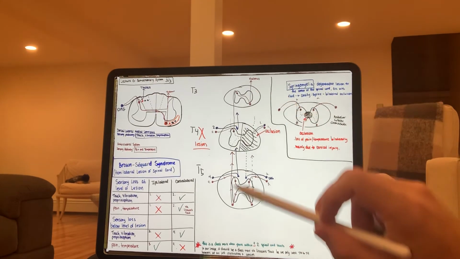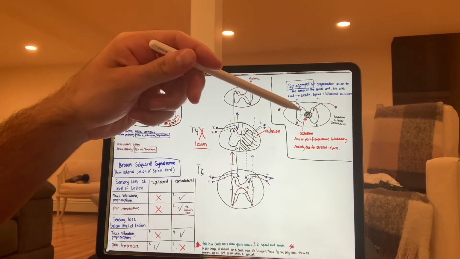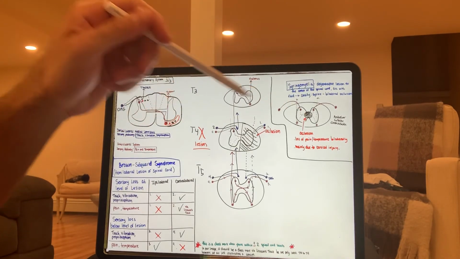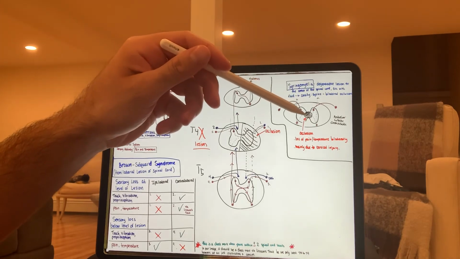So here in Brown-Séquard, we said it was hemilateral. Here in syringomyelia, it is bilateral. Both sides are occluded. And this is mainly due to a cervical injury. And what you can see is if we look for the anterolateral system and we're talking about pain and temperature, regardless of whether it's on the left or right side, it has to cut across the spinal column.